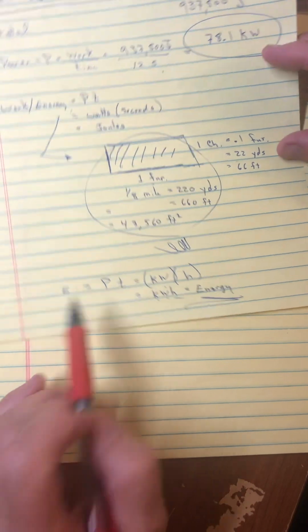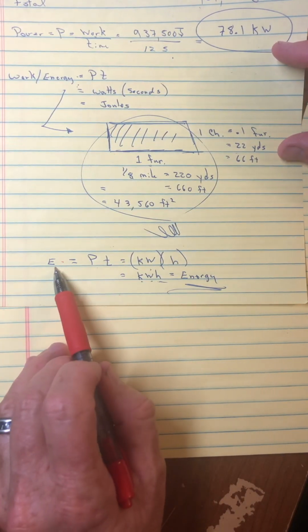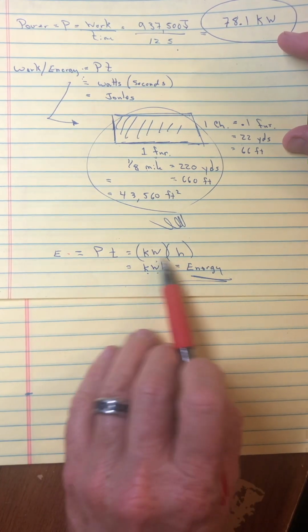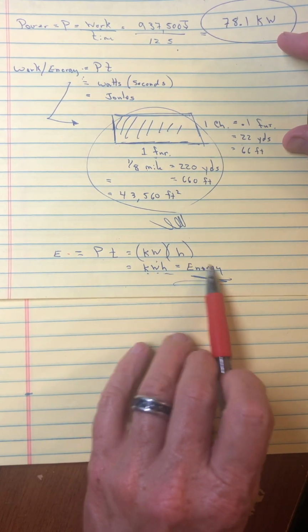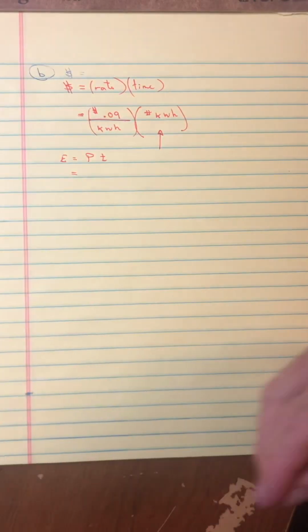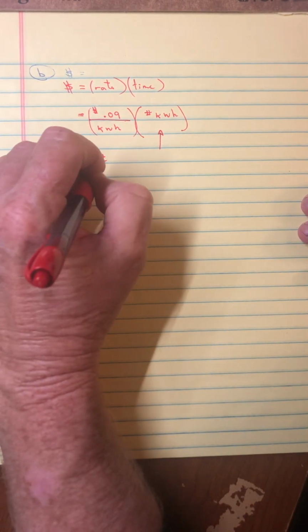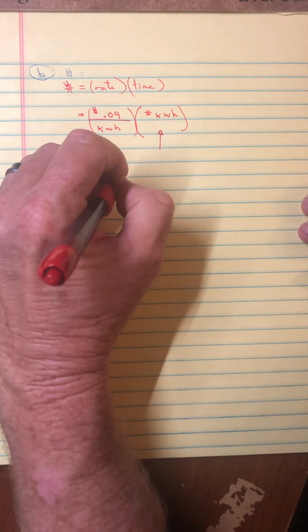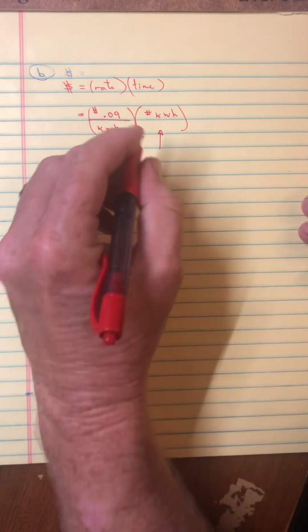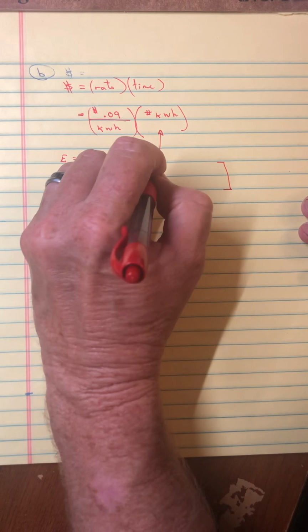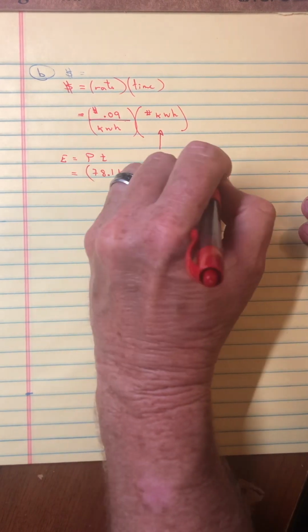And so this is how I got into this discussion about one way of getting energy, which is to list it as power in kilowatts multiplied by time in hours. So for this motor, we've just concluded in part A that it is 78.1 kilowatts. And our time in hours needs a little bit of conversion because I have 12 seconds.